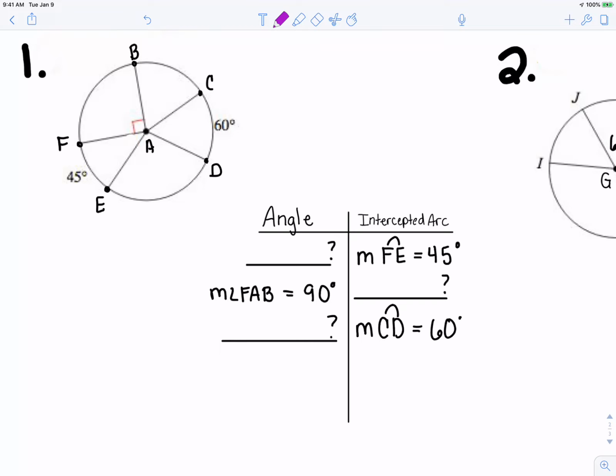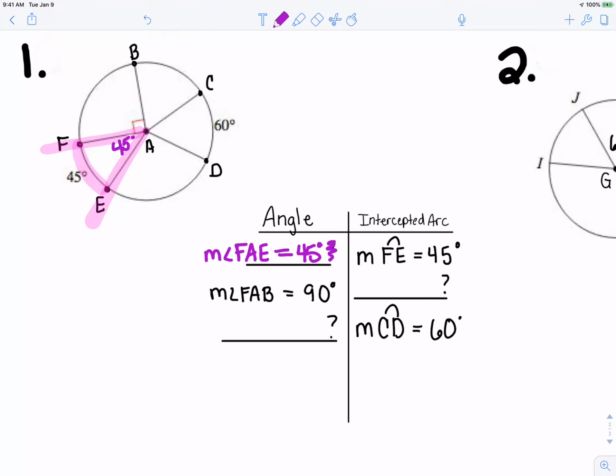The first piece of information we're given is that arc FE is 45 degrees. Well, that would mean that angle FAE is also 45 degrees because we just learned that arc measure and central angle measure are the same.